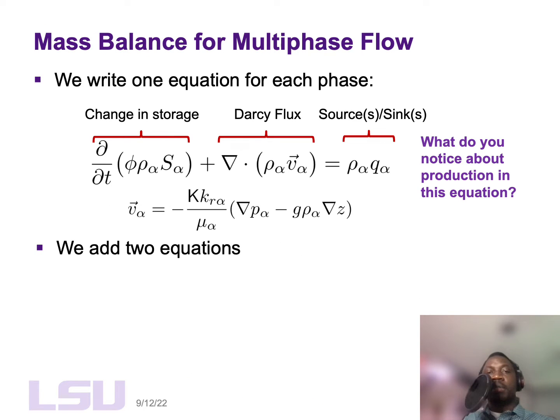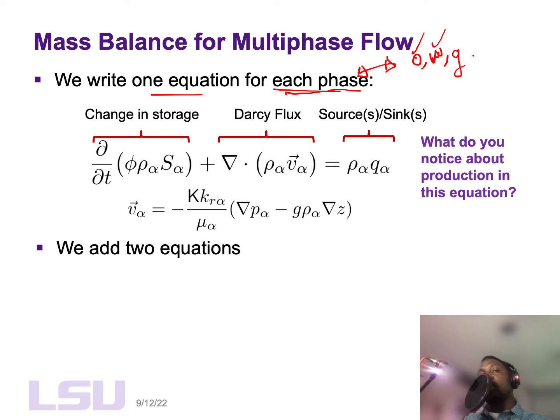Here is your multi-phase flow mass balance equation. It's one equation for each phase when you're looking at black oil simulation. Why? Because we have assumed implicitly that each phase is made up of one component. And then for three-phase black oil simulation, it's oil, water, gas components and oil, water, gas phases.